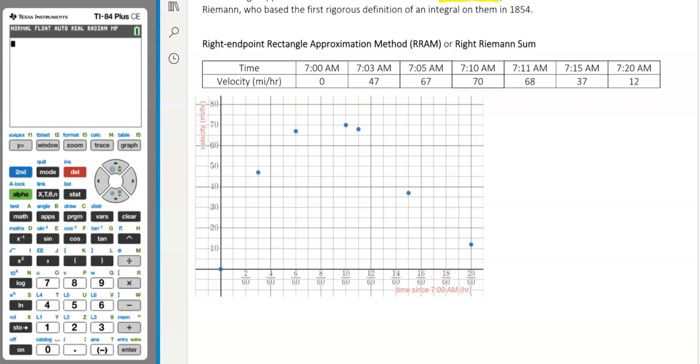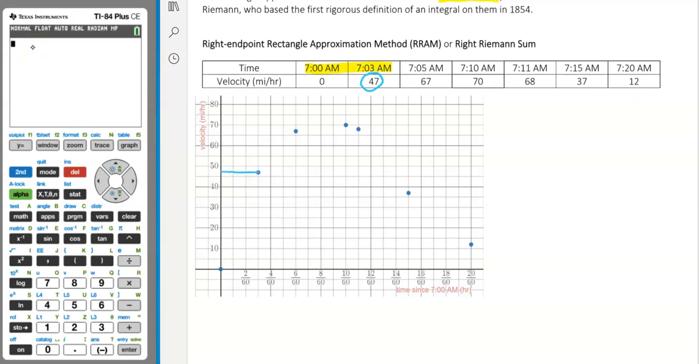So for instance, if we look at the time from 7 to 7:03 in the same data set we were using on the previous page, we're going to assume that over that entire interval, the car was traveling at the speed which it had at the endpoint, 47 miles per hour. That means we approximate the velocity function by a horizontal line.